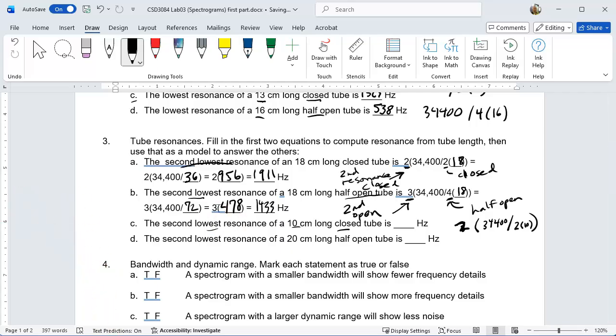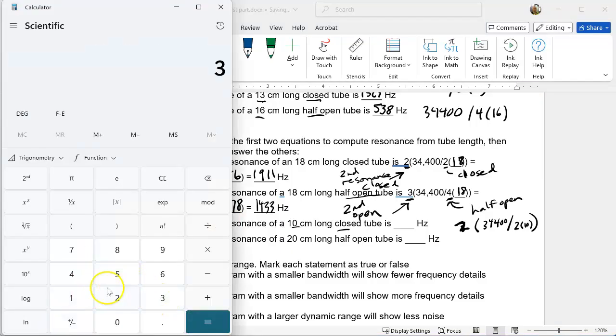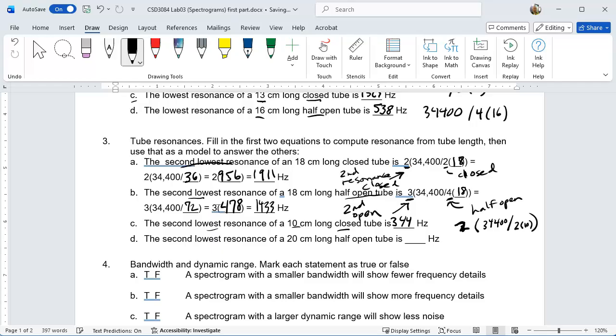So we can do 34,400 divided by 2 and divided by 10 and get 1720, and then multiply that by 2 and we get 3440. Fairly high frequency, but we've got a fairly short tube here. If we were talking about a simulated vocal tract, that would be like a kid at 10 centimeters.